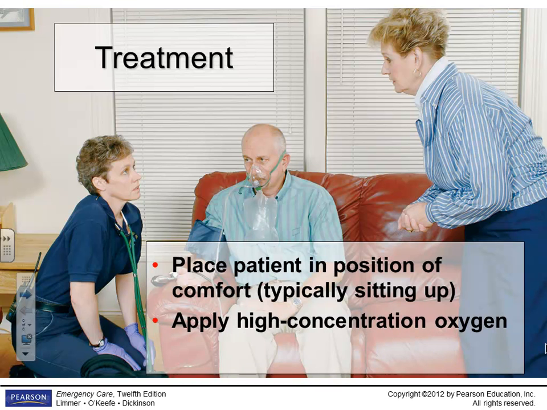You're going to put them on oxygen. This is part of your ABCs. When you're handling breathing, body position is going to be important. In some instances, for a lot of patients, position may not be important, but for patients who are respiratory because of cardiac, you probably want to sit them up.